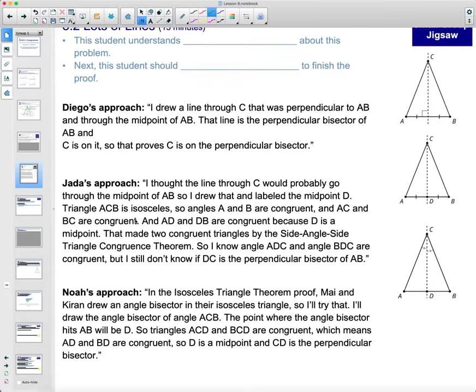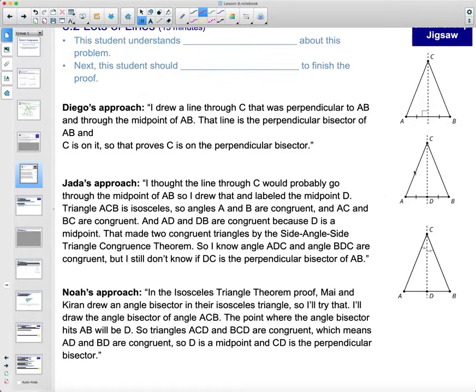Jada's approach is, I thought the line through C would probably go through the midpoint of AB, so I drew that and labeled the midpoint D. Triangle ACB is isosceles, so angles A and B are congruent, and AC and BC are congruent. AD and DB are congruent because D is the midpoint. That made the two triangles congruent by side angle side.